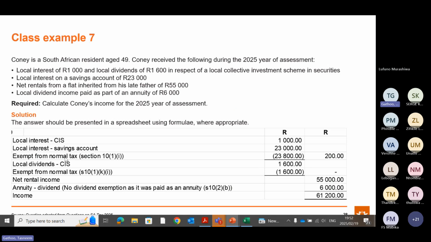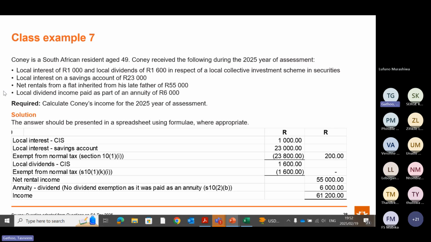So minus your exempt income of 23,800, which will make his income on his interest 200. So here I've split it out into 3 columns, one column being your wording, the second column being calculations, and the third being the total amounts that will contribute towards your income.